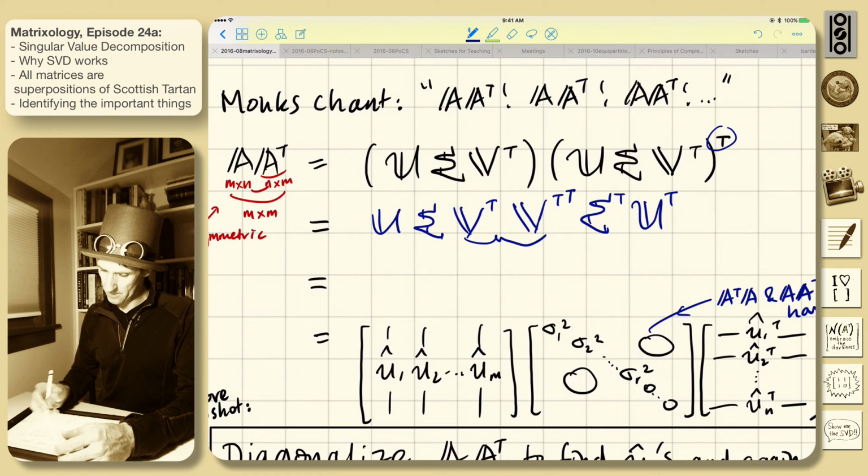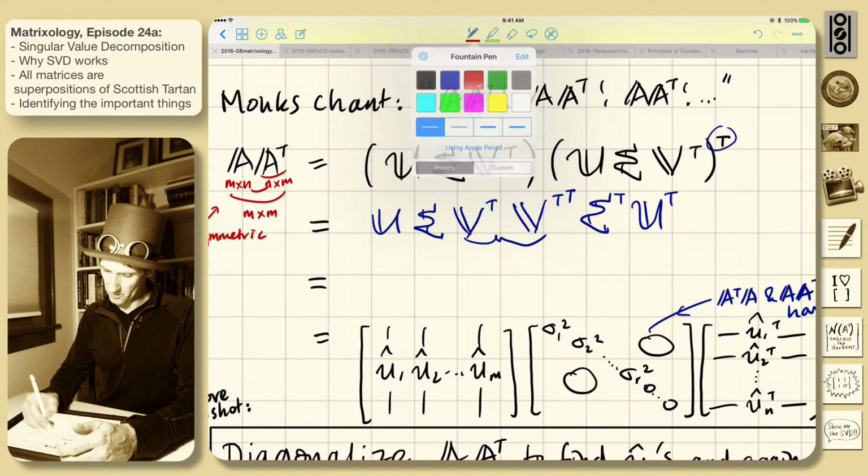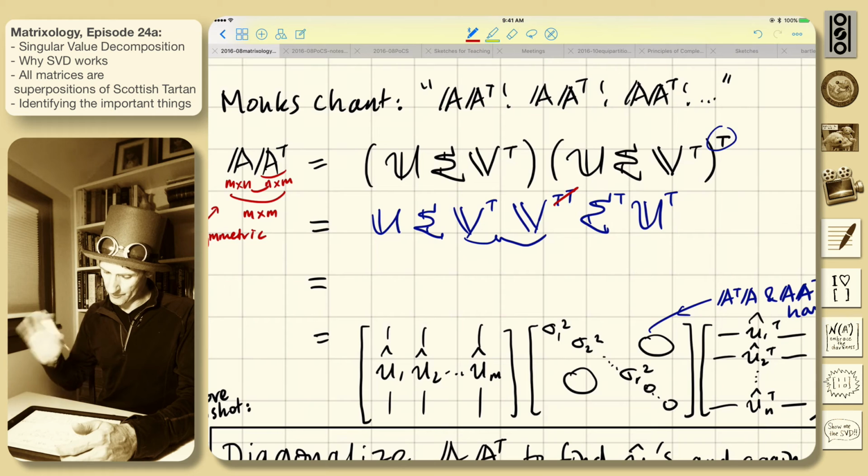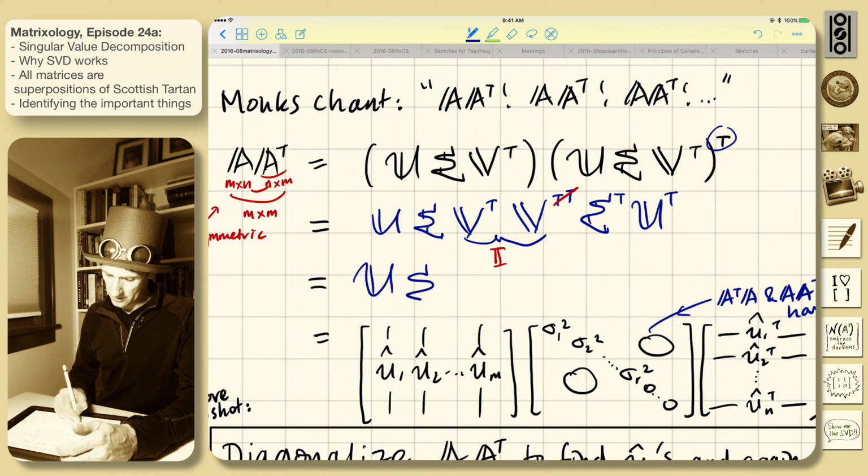This piece here, transpose, transpose, just disappears. Flip, flip. Identity matrix in here, multiply it all through. U sigma, sigma transpose, U transpose.